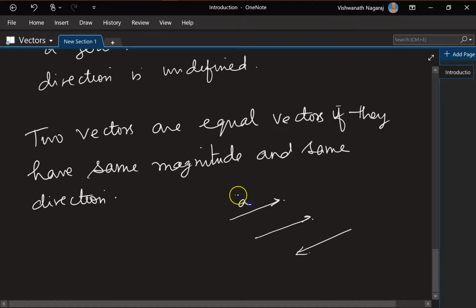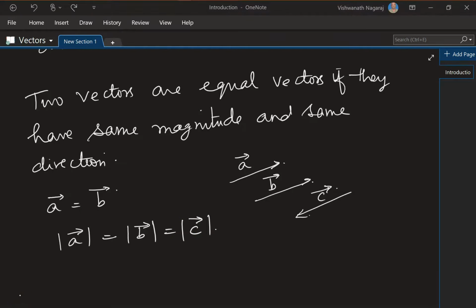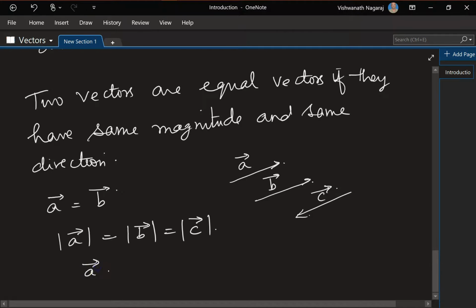Let's say this is A, this is B, this is C. So vector A is equal to vector B. We can also say the magnitude of vector A is equal to the magnitude of vector B, and let's say the magnitude of vector C. And here we can say vector A is not equal to vector C.